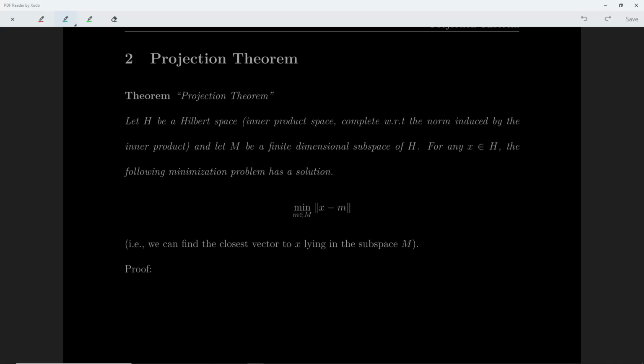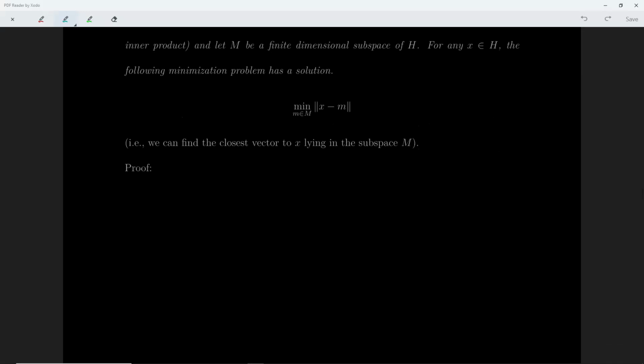And to prove that, we will start by using our previous theorem. We will first write H as a direct sum of M and its orthogonal complement.